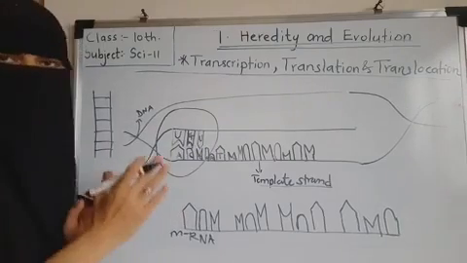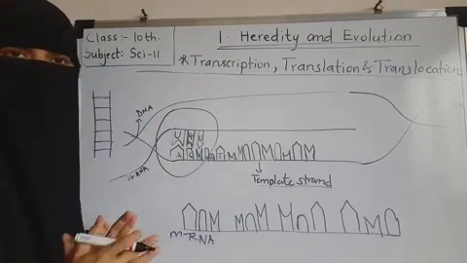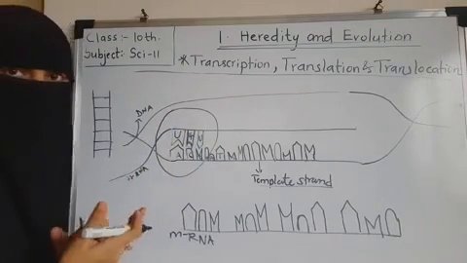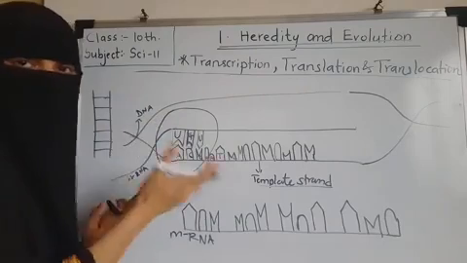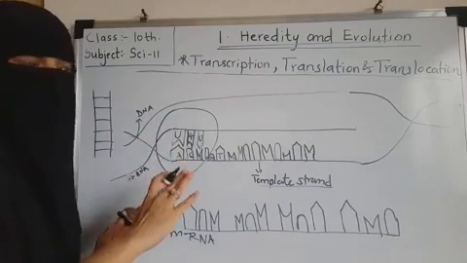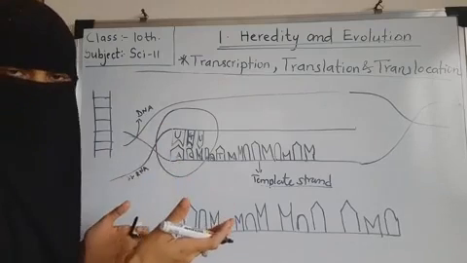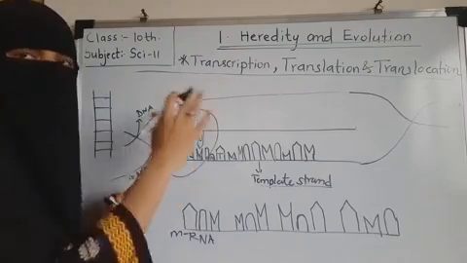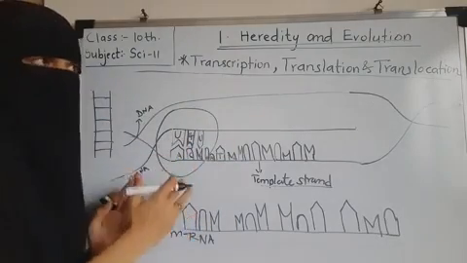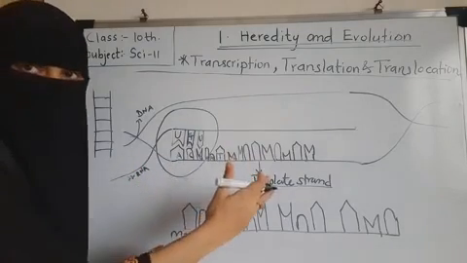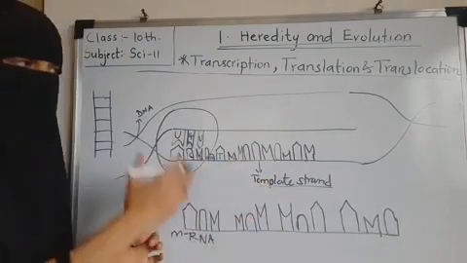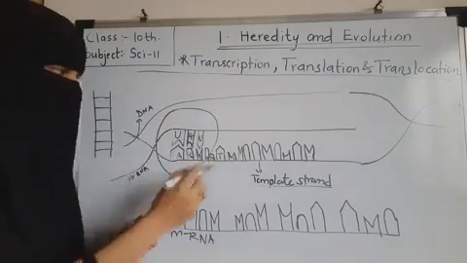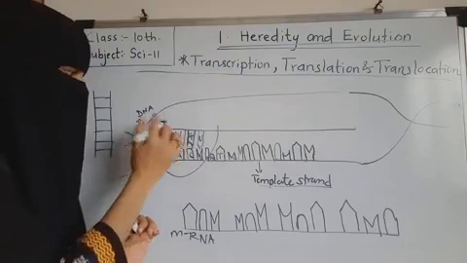Now messenger RNA is ready. We have produced messenger RNA. Now what? This messenger RNA, as I said earlier, will come out of the nucleus. It is present in the nucleus, then it will come out of the nucleus into the cytoplasm. Now it has to attach itself to the ribosome, right? We have seen these things. It has to attach itself to the ribosome, which is in the cytoplasm.